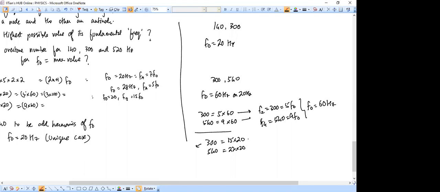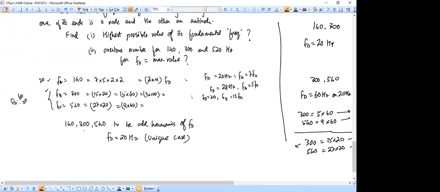Whereas in this case 300 would have been 15, so that is seventh overtone, 15th harmonic. Okay, and this would have been 13th overtone, or 27th harmonic, had f0 been 20 hertz. But as it turns out, we are discussing the case where all three are the case. So in this case, the fundamental is 20 hertz.